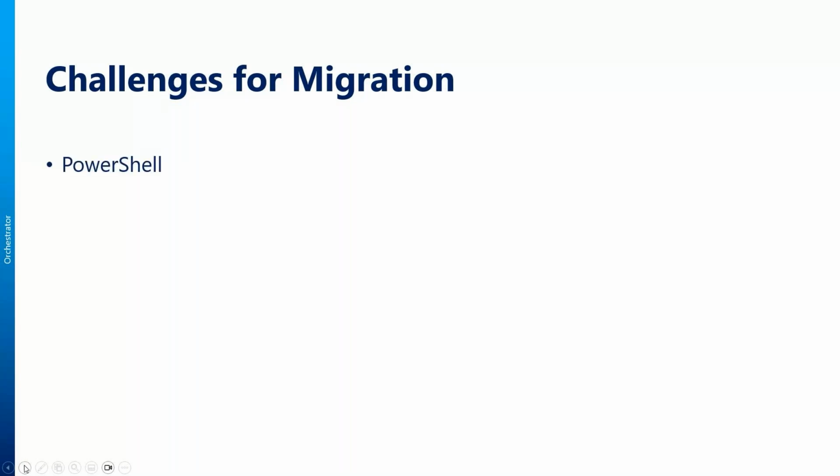The biggest challenge is PowerShell versioning and script syntax. Orchestrator 2019 and its predecessors were older 32-bit and were based around using PowerShell 2. With PowerShell 3 and upwards, we're now on to PowerShell 6 and 7, and there were a number of fundamental syntax changes in the operation of PowerShell.